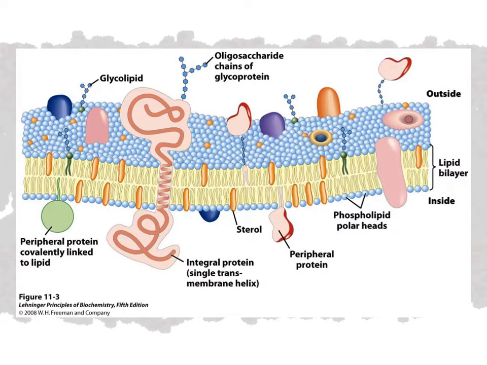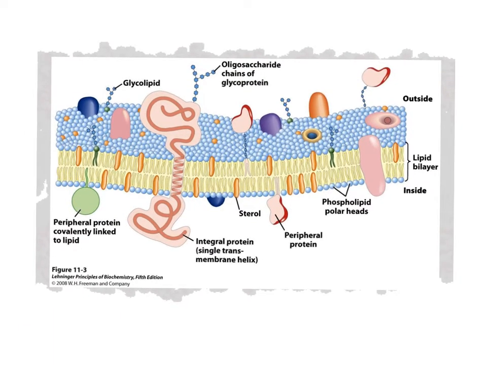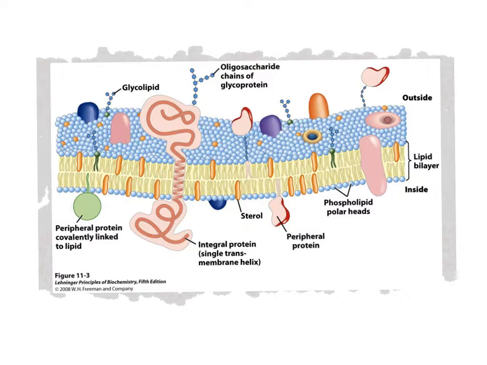I like this figure. It's not from the current edition of the book. I'm assuming they would have it in there because it shows all the different varieties of components that are available for a membrane. One exception I want to point out is what they call a peripheral protein covalently linked to a lipid.